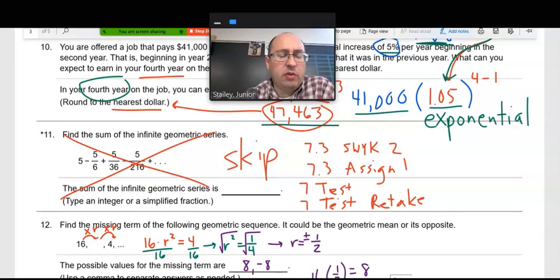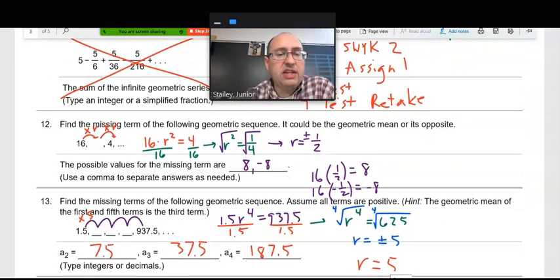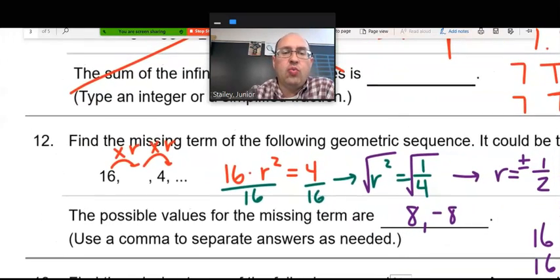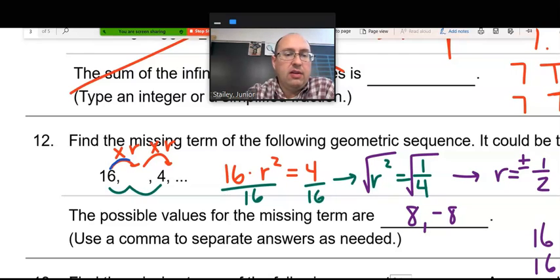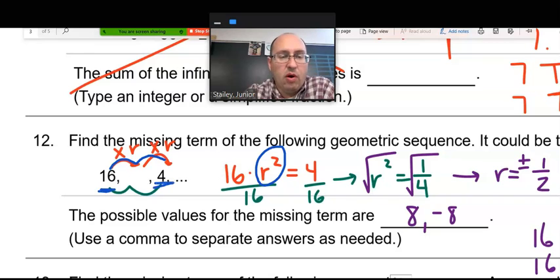In question 12, I'm looking ahead here. We're looking for a missing term. Looks like we're multiplying by r twice, right? 1, 2. So that's why we have r squared. 16 times r squared. Start with 16, multiply by r twice, you get 4.